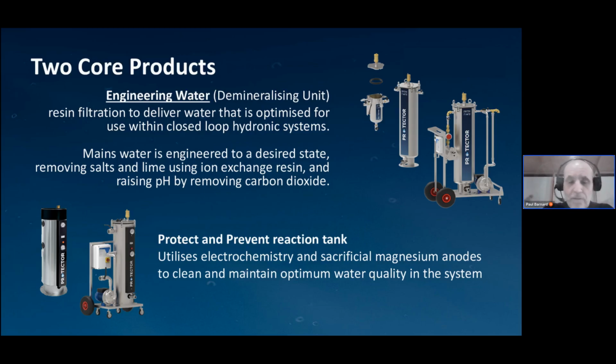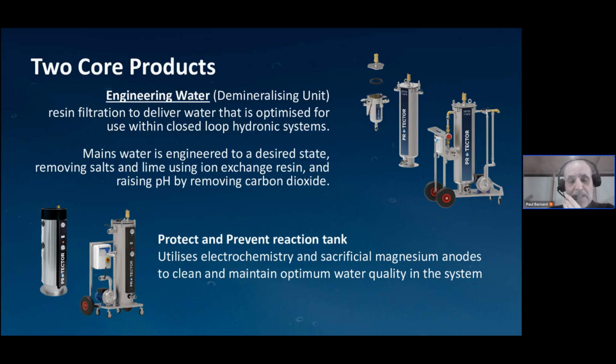Very quickly, whatever size network you have, we've got two core products that would sit on the network. We've got what we call a demineralizing unit, or resin filtration device, and this is there to manage and engineer the fill water into a desired state by removing your salts, limes, chlorides and minerals out of the water through an ion exchange resin bed.